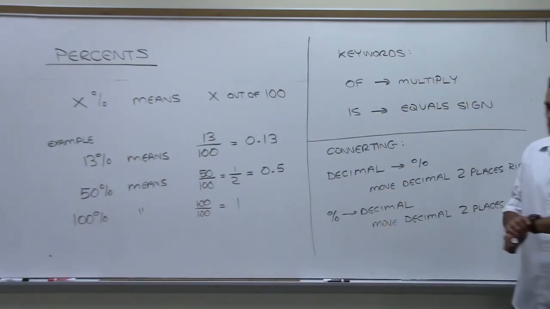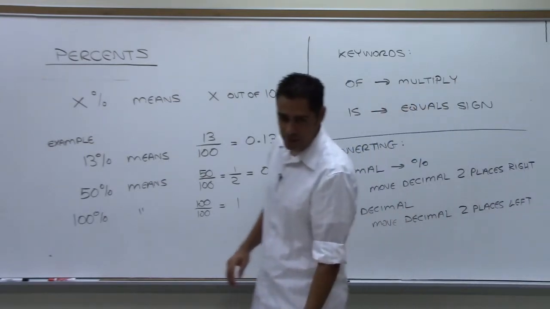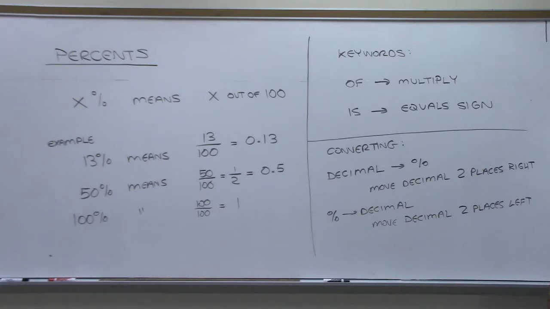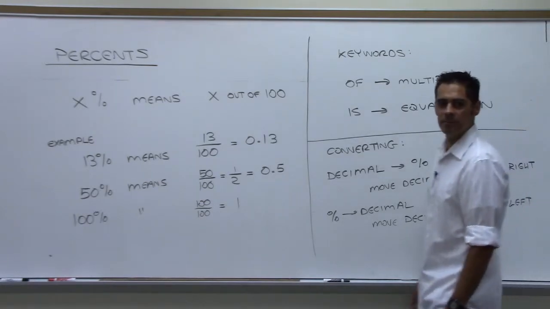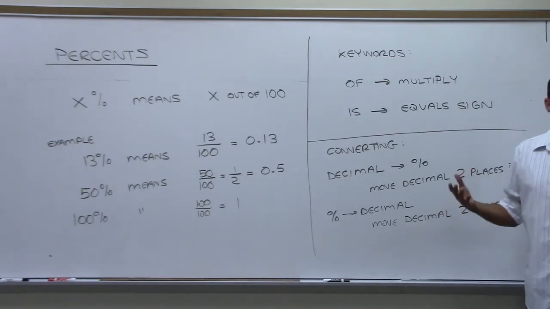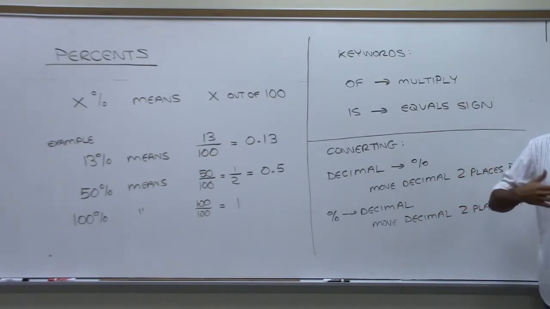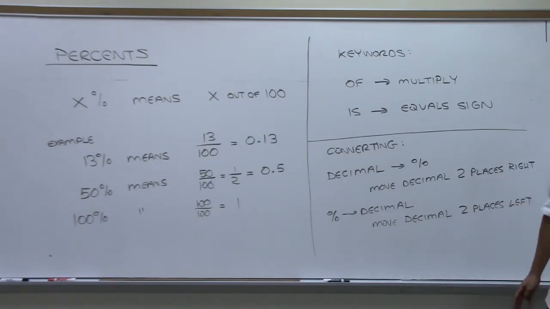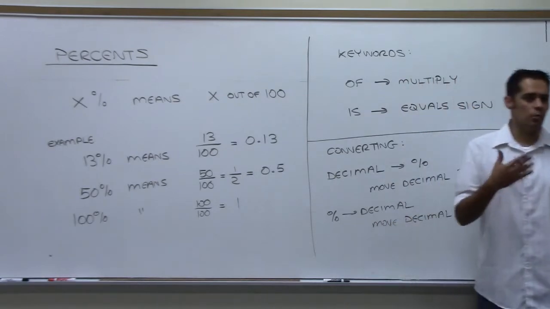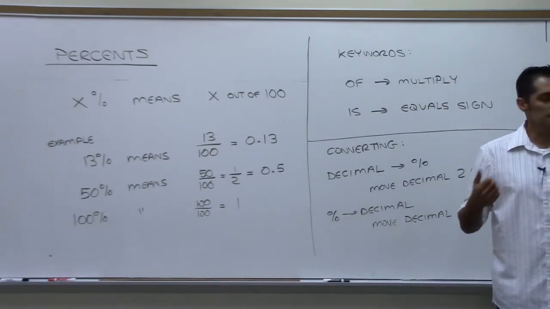Okay, we're going to get through percents and proportions. Percents are something that we actually see a lot in the real world. We hear it on the news and things like that. So it's just to make sure we have some general understanding of how percents work, how to translate words into percent problems.